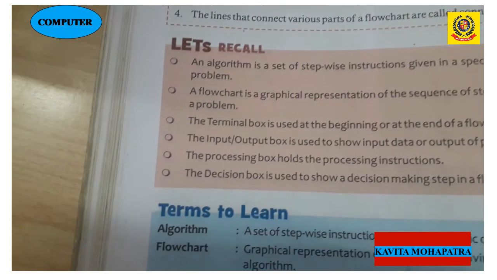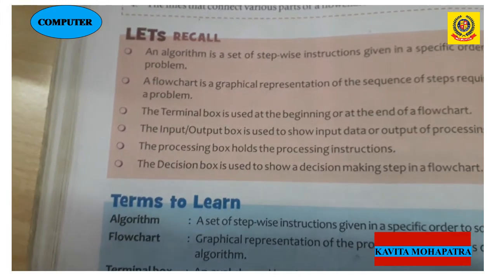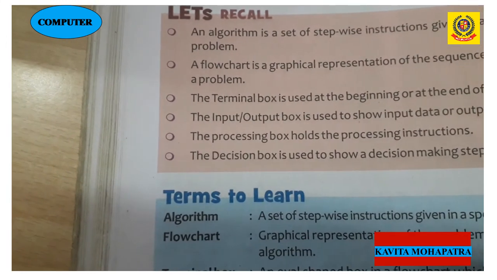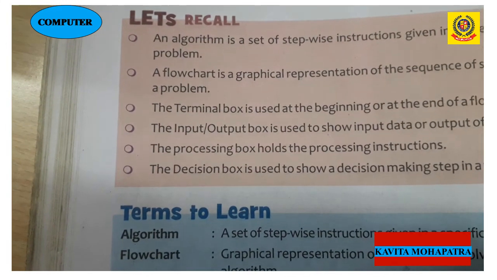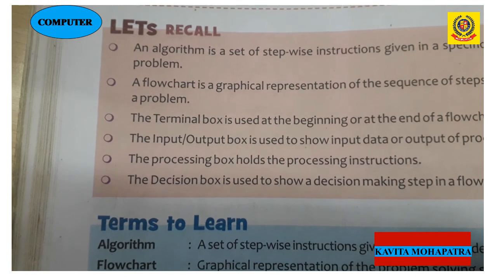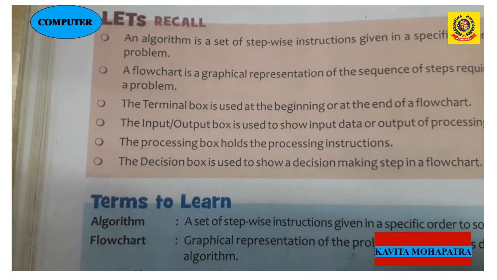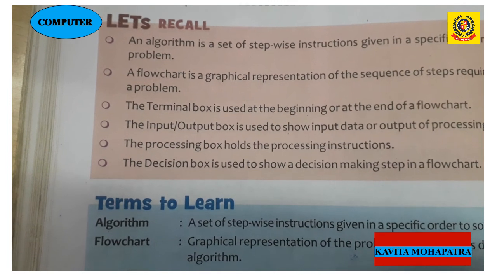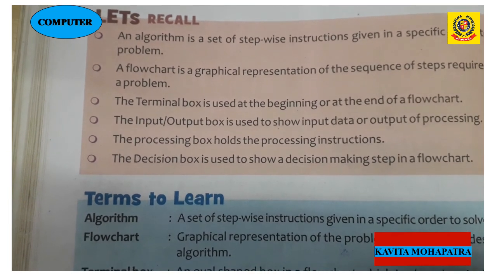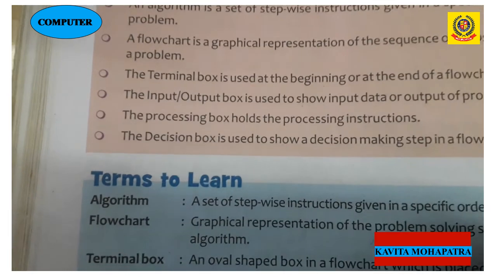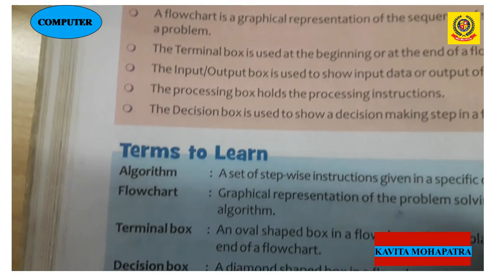Next, let's recall. An algorithm is a set of step-by-step instructions given in a specific order to solve a problem. A flowchart is a graphical representation of the sequence of steps required to solve a problem.